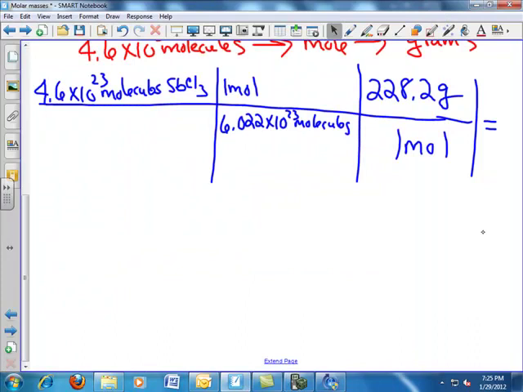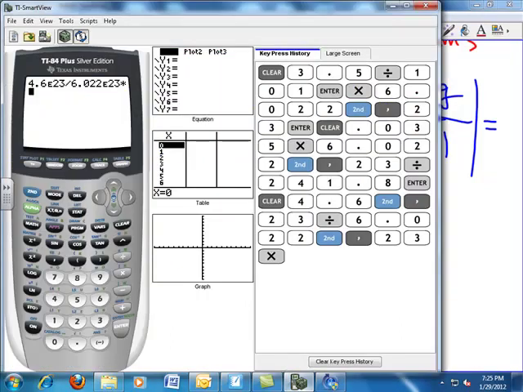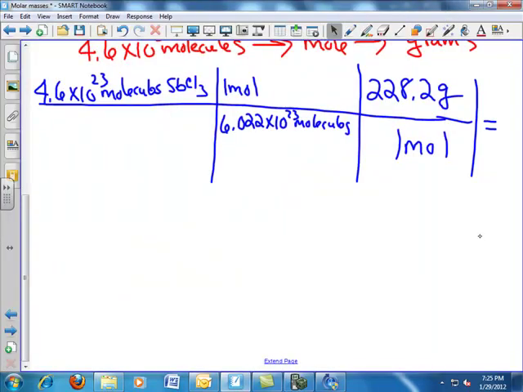Sorry, I gotta go back and get my molar mass. 228.2. So I get 174.3 grams.